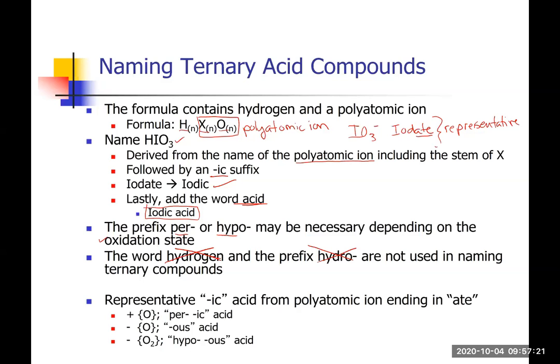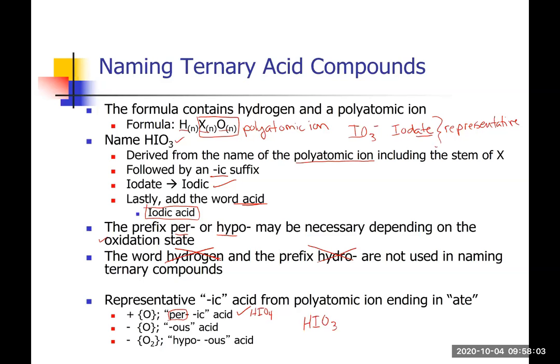So for example, if we add an oxygen to the representative, then we're going to add the prefix per- to the name. So let's just look at iodic acid. If we have iodic acid, which is HIO3, and we add one oxygen to this chemical formula, giving us HIO4, then this would be named periodic acid.